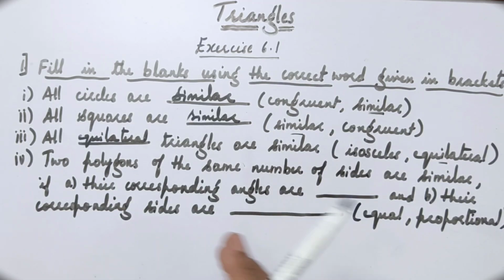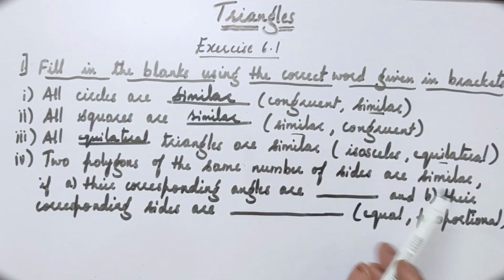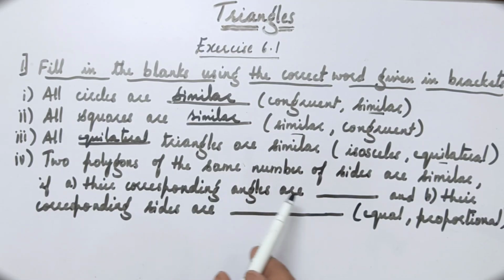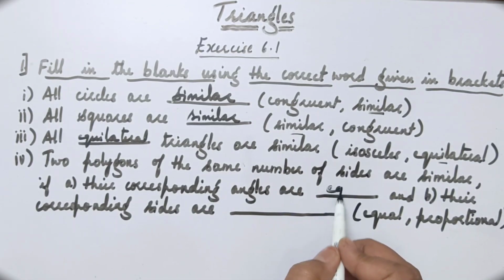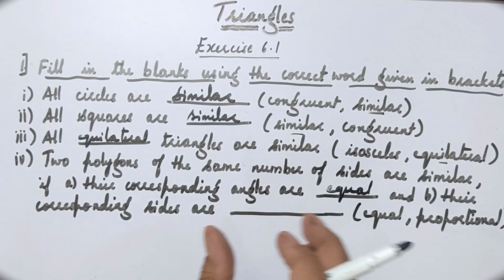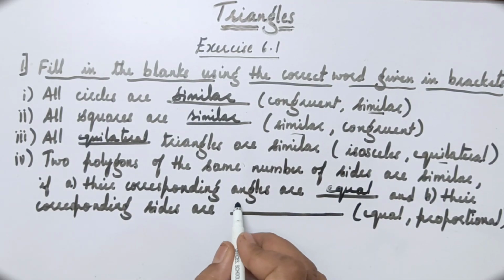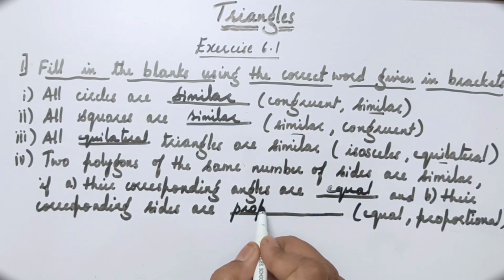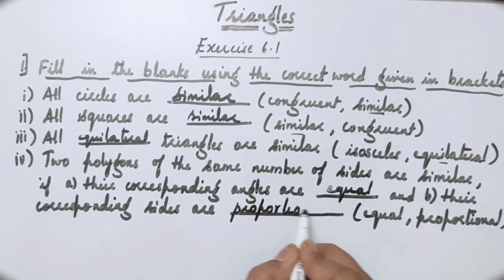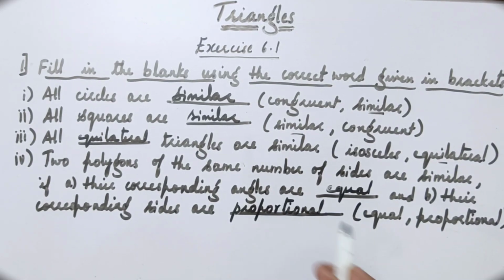Two polygons of the same number of sides are similar if their corresponding angles are equal and their corresponding sides are proportional. I hope this is clear.